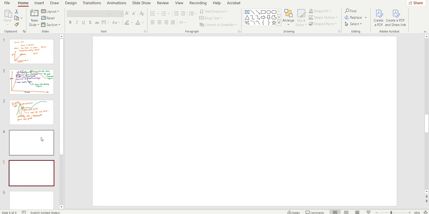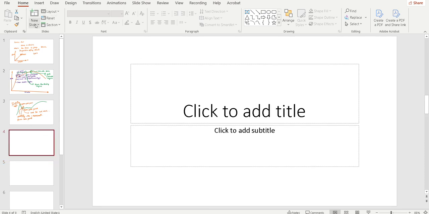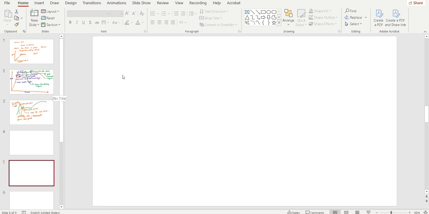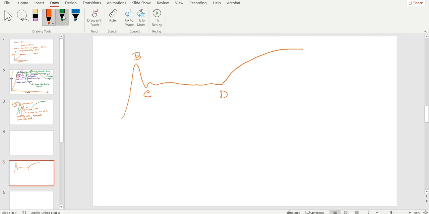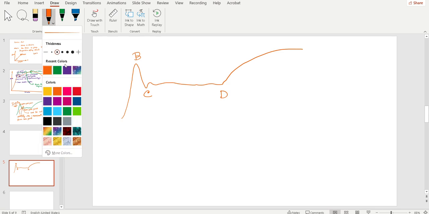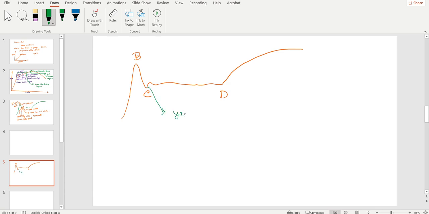Now let us draw the line again, the portion C and D. From here the yielding generally occurs.